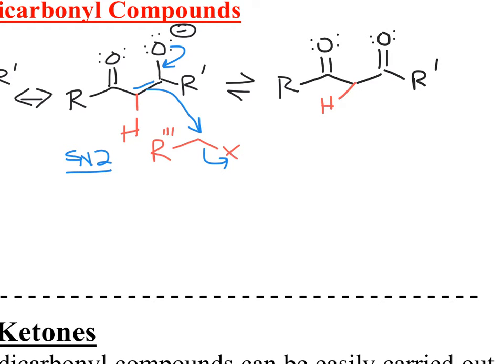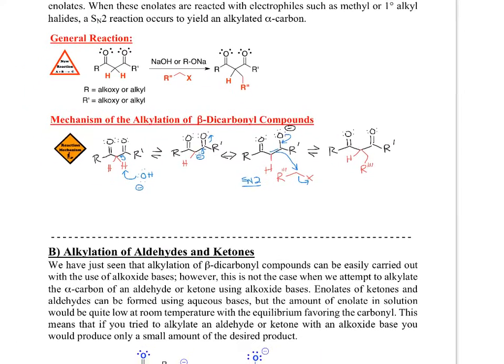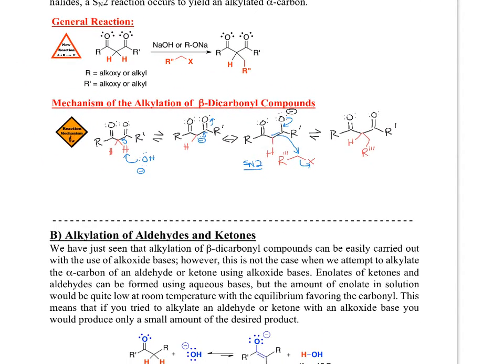We still have an alpha hydrogen remaining, and there's our alkyl piece that's been added. And so with 1,3-dicarbonyls or beta-dicarbonyls, this alkylation is very easily accomplished with bases such as hydroxide or alkoxide.